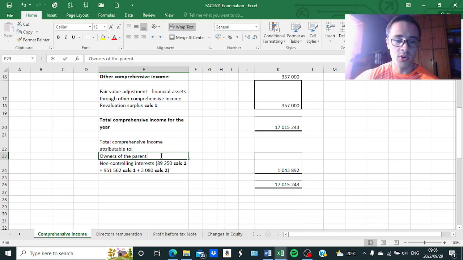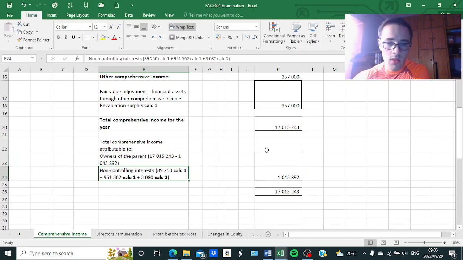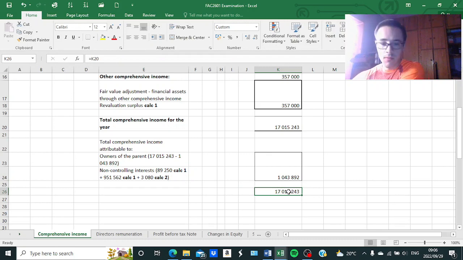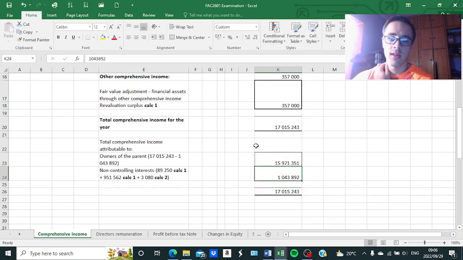So your owners of the parent will just be the remaining amount: 17,015,243, and we subtract the amount for non-controlling interests. We just take this amount and then subtract this amount right here. That will give you 15,971,351.